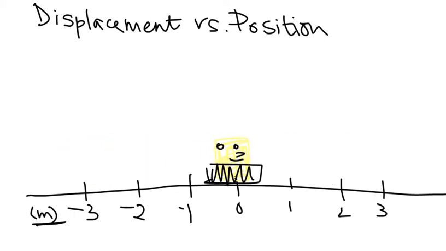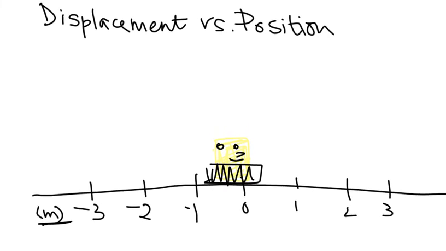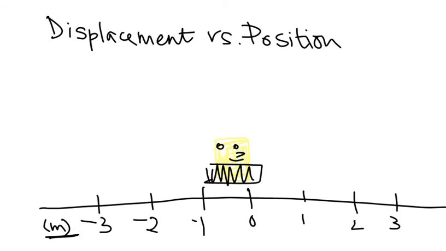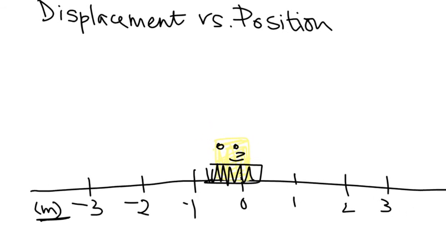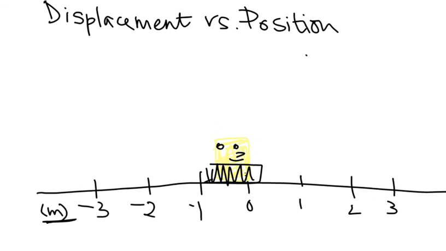Okay, so what I'm going to do is I'm going to tell you a little story about SpongeBob's motion, and what I want you to do is tell me at the end of this, what was SpongeBob's initial position, final position, and change in position? Okay, remember that this guy, the delta x, the change in position, is the same as displacement.